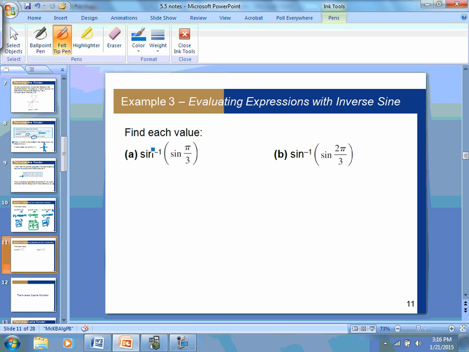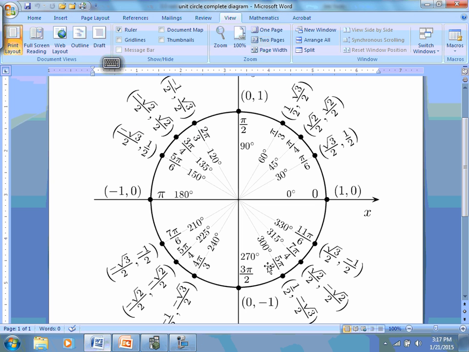Okay, so let's take a look here at part A. We have the inverse sine of the sine of pi over 3. So this pi over 3, this is what I want to think about being between pi over 2 and negative pi over 2. And if we look at our unit circle, pi over 3 is right here.